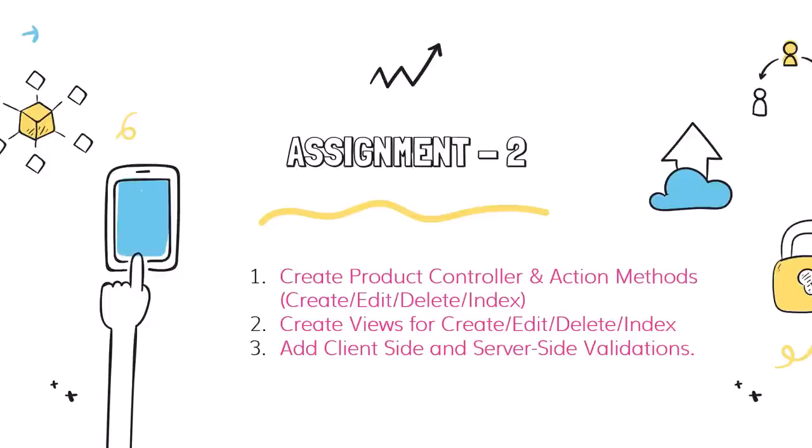All of the steps here we have already done that for category controller, so you have to replicate them, and the only reason I am making you replicate them once again is that you will gain some experience on how to work with all the CRUD functionalities with models, views and controller. The only difference this time is that you have more properties in product than category model. So make sure to practice all the CRUD operations, and I will show you how to do that in the next video.